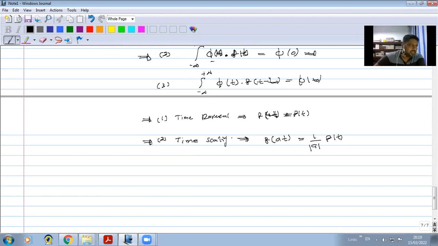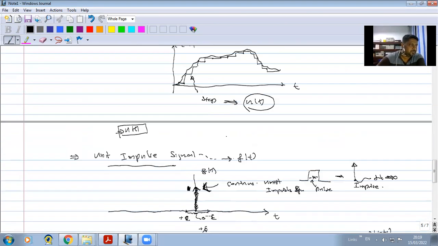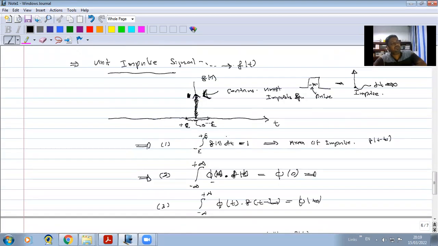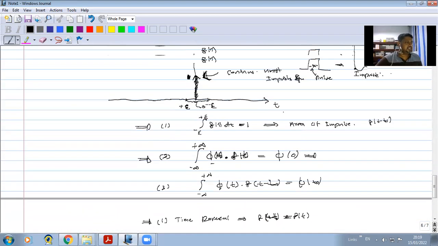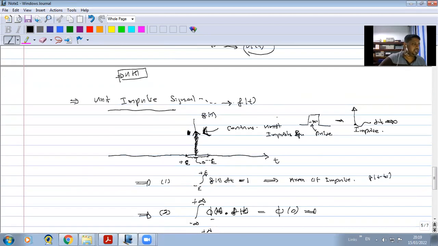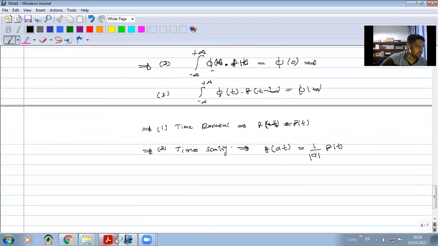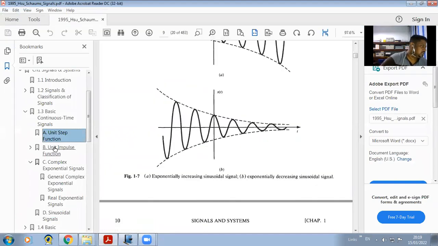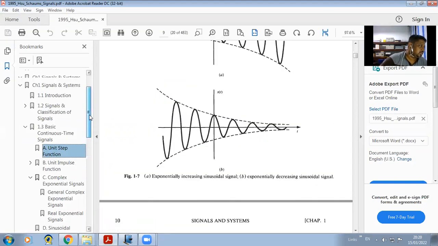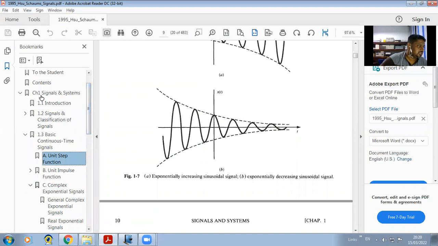If you want to find more details about the unit step signal and unit impulse signal, you can refer to our textbook, in the first chapter, under basic continuous time signals.